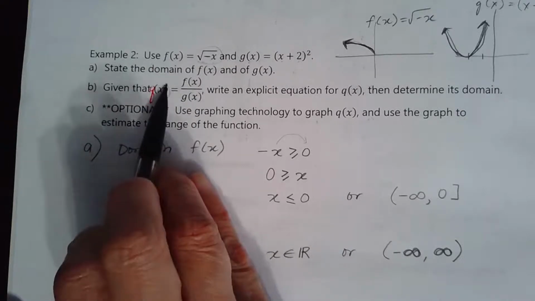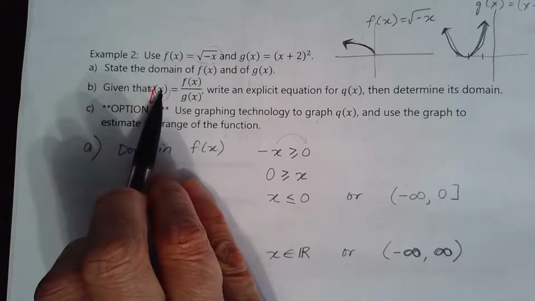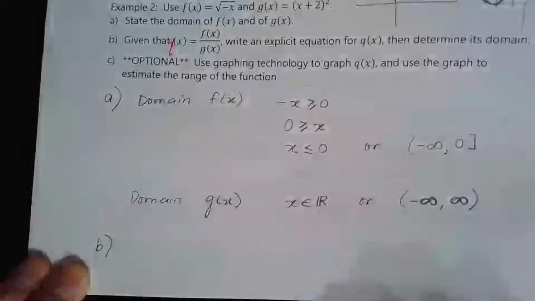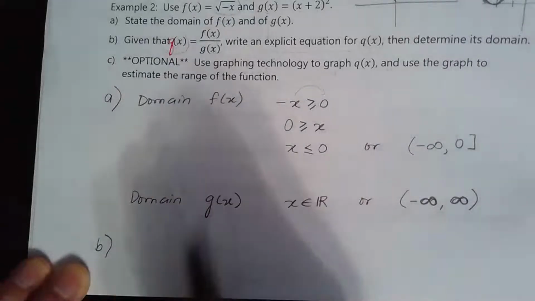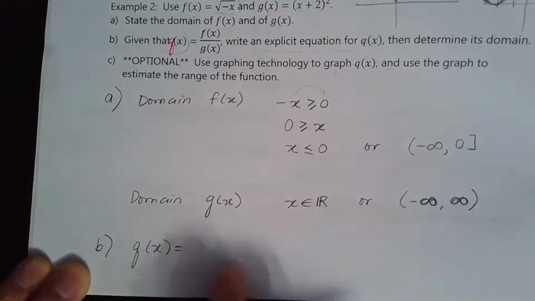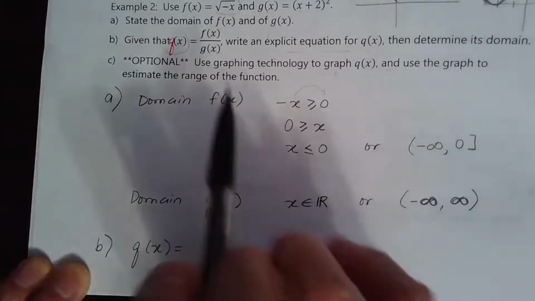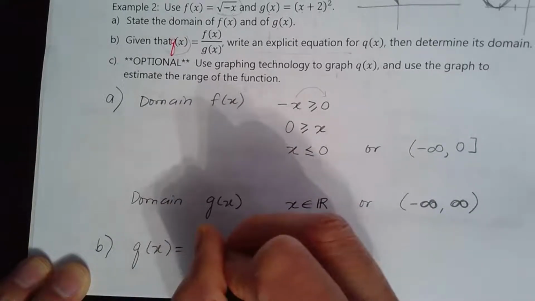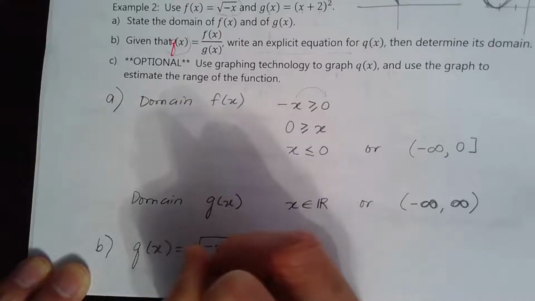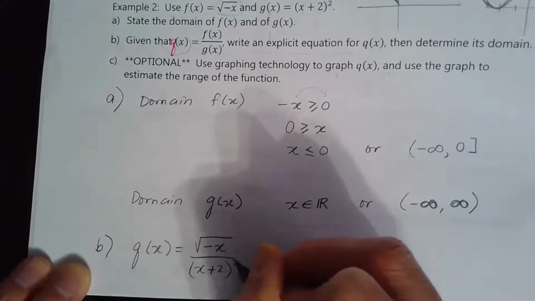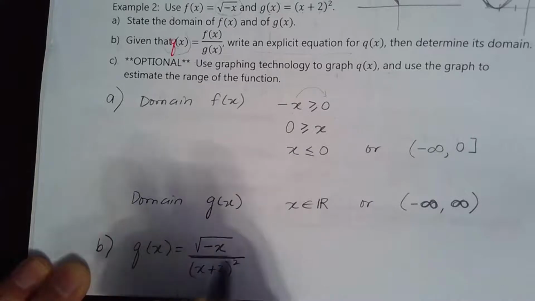So now they're introducing this new function q of x, which is a combination of the two. What's the exact equation for that? F of x is the square root of negative x, divided by g of x. Well, what's g of x? X plus 2 squared.